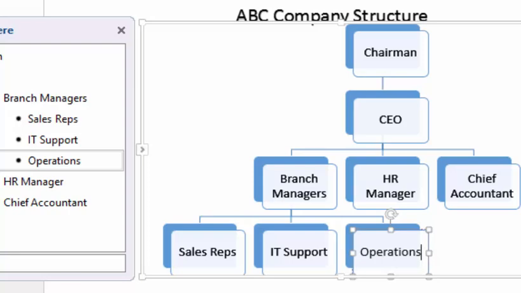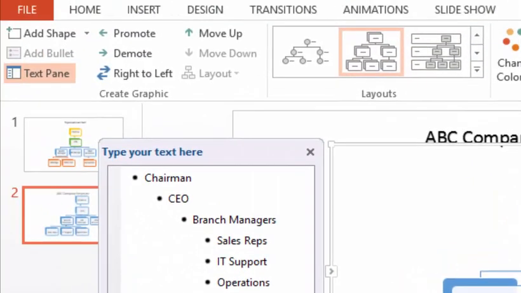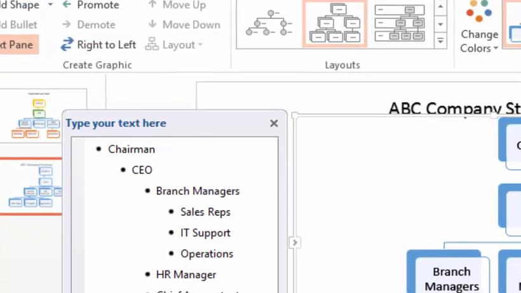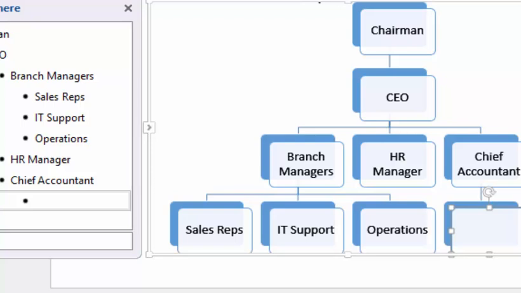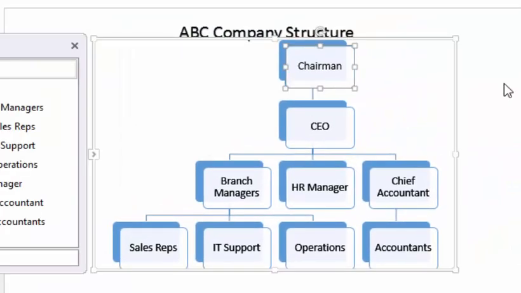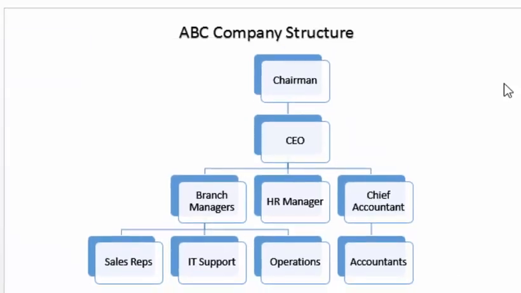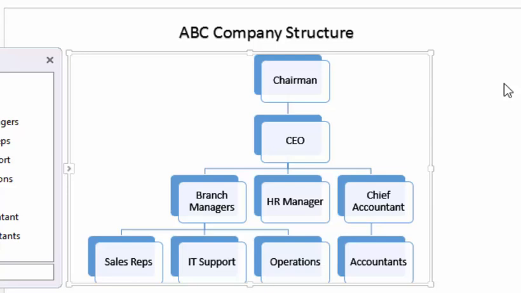Then under chief accountant, I will click my chief accountant, and I will go ahead and click add shape below and add their accountants. That is how simple it is. I can even move this one and position it well. I can even stretch this box to make it look attractive.